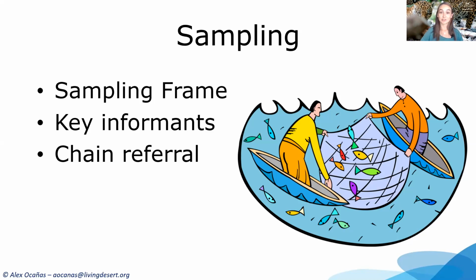Because if it's a chain referral coming from somebody else that they know, they are going to be, right off the bat, more likely to trust you, because you're not at that point some random researcher who's knocking at their door, but you have been referred to them by somebody else that they know.